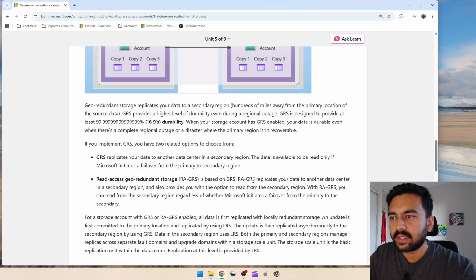And RA-GRS is based on GRS, but with read access from the secondary region. With RA-GRS, you can read from the secondary region regardless of whether Microsoft initiates a failover from primary to secondary.